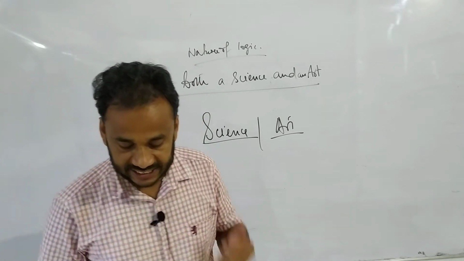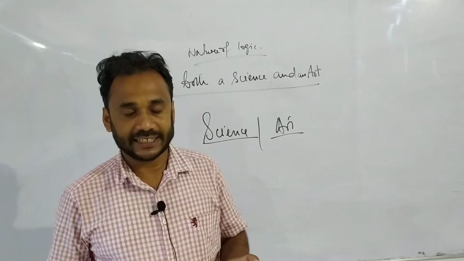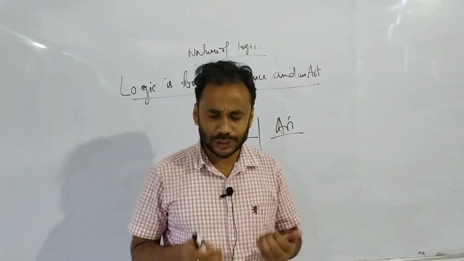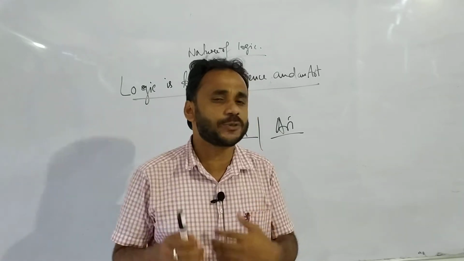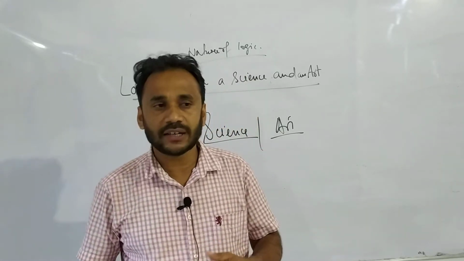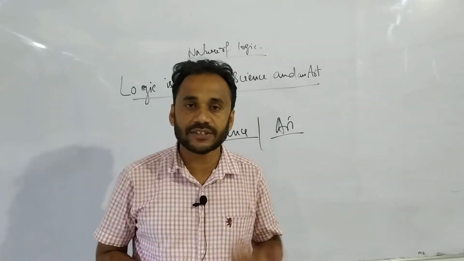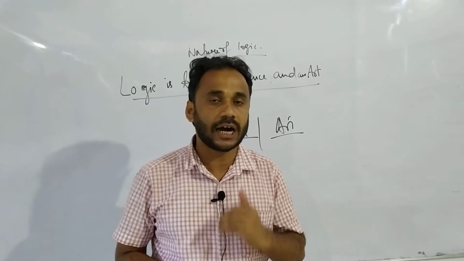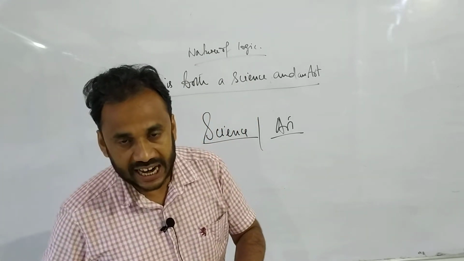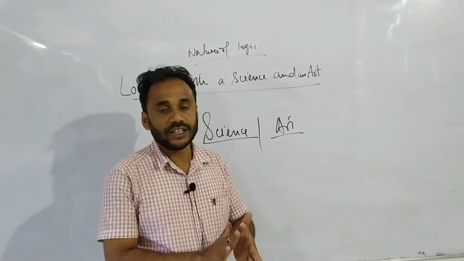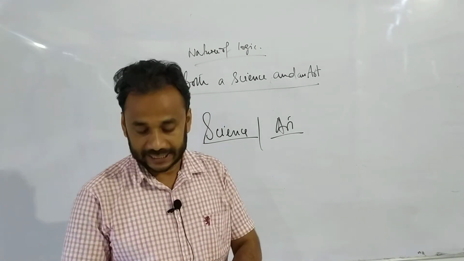Therefore, a science is theoretical and an art is practical. Here one question arises: generally we know that science is practical, but in logic, on the analysis of the definitions of science and an art, we know that a science is theoretical while an art is practical.